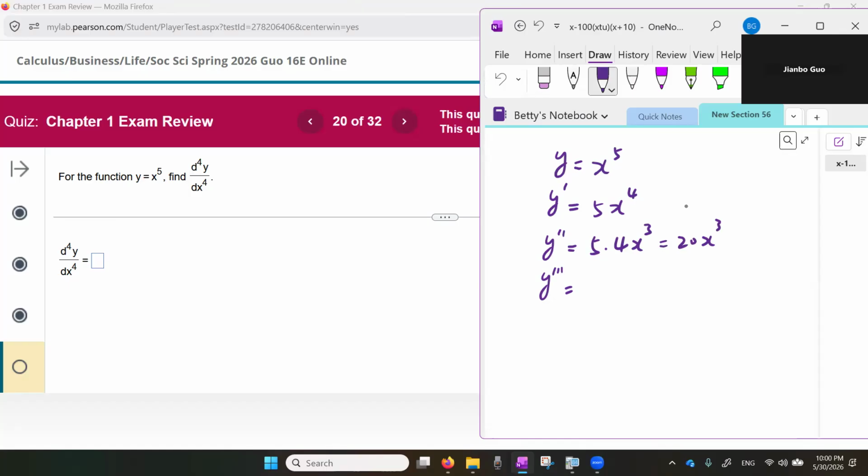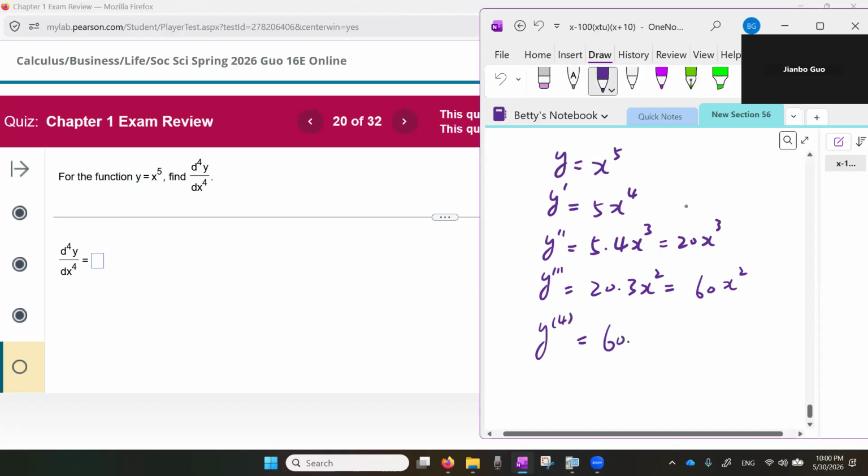Triple prime is 3 times 20x squared, that is 60x squared. Fourth derivative is 2 times 60x, which is 120x.